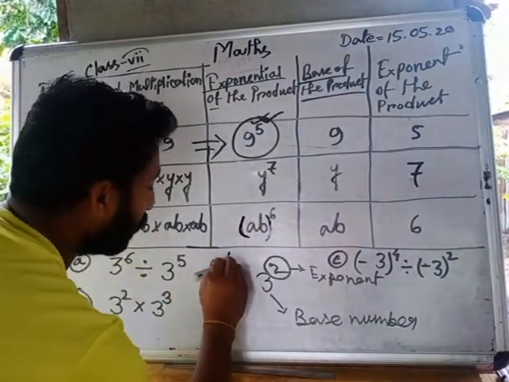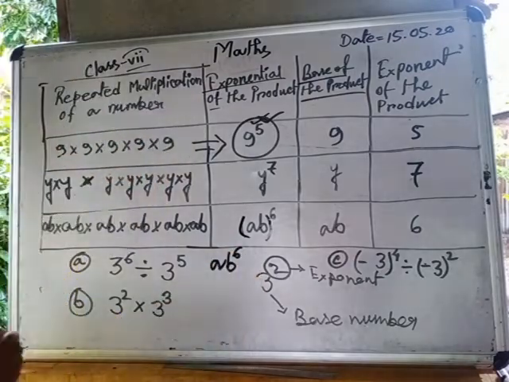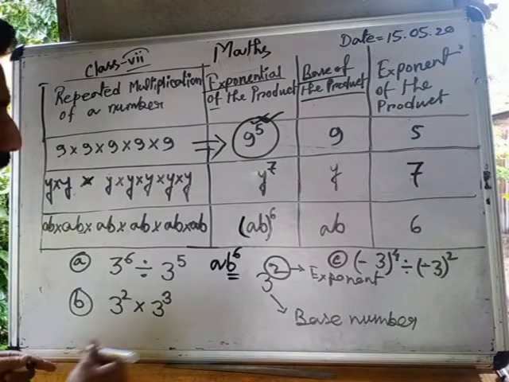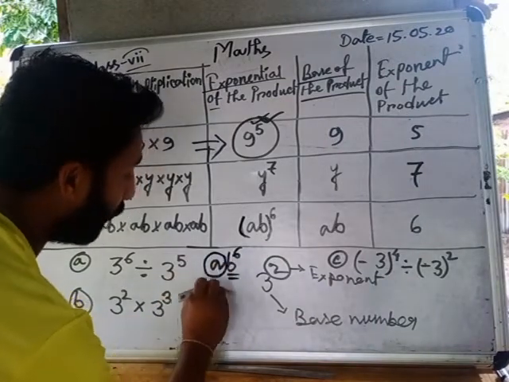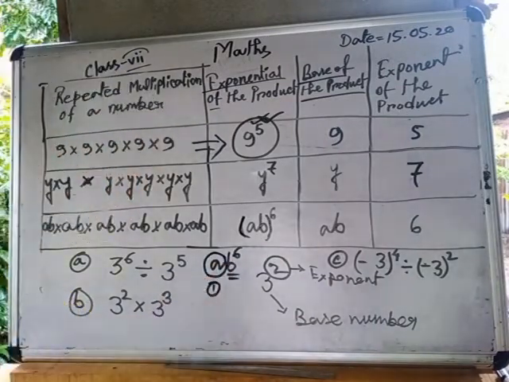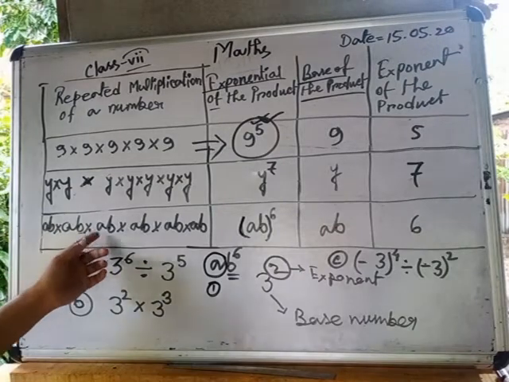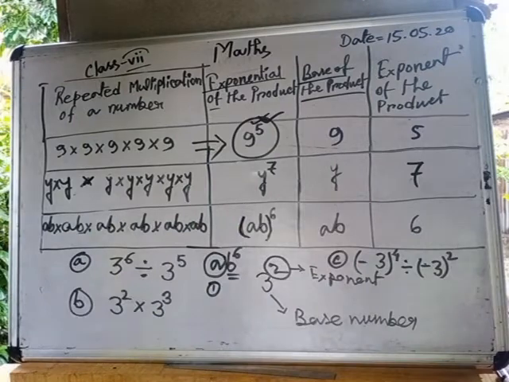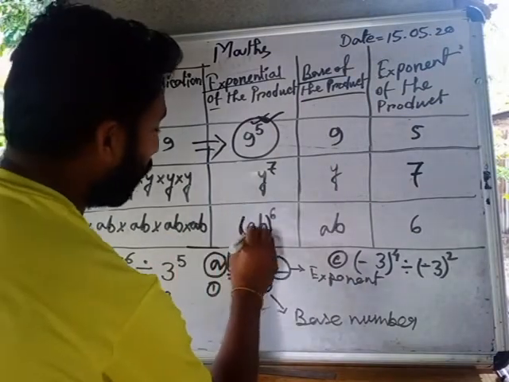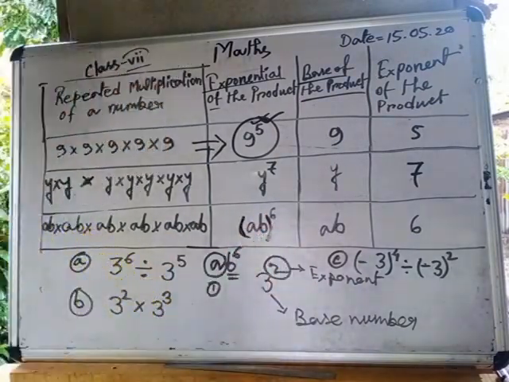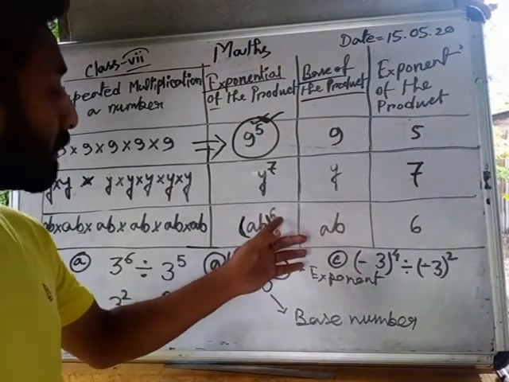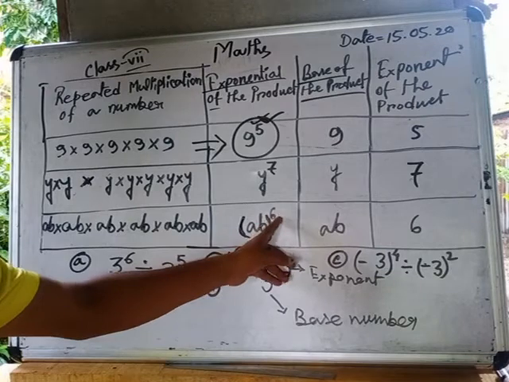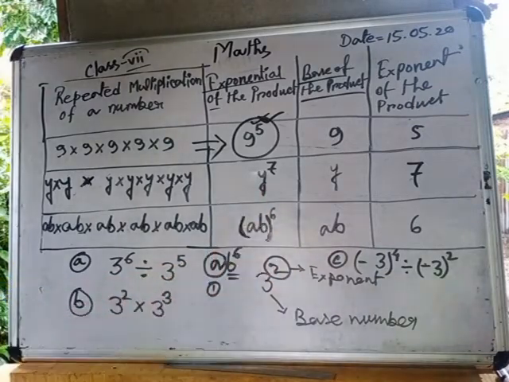If you write it without the bracket, B will be multiplied 6 times but A only 1 time. If A and B are both multiplied 6 times, we should use a bracket, and then 6 will be the exponent of both A and B.